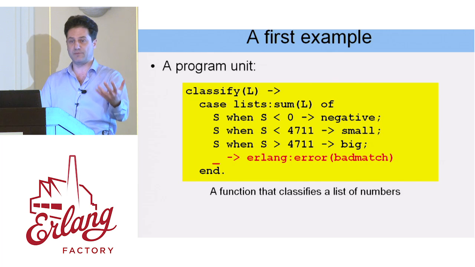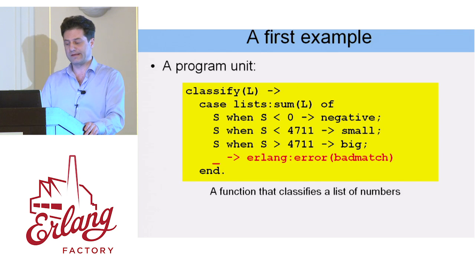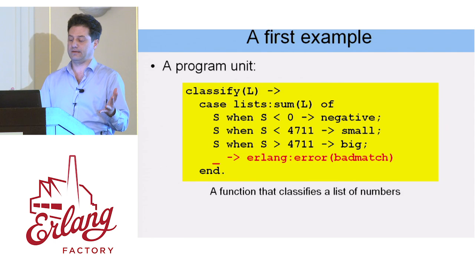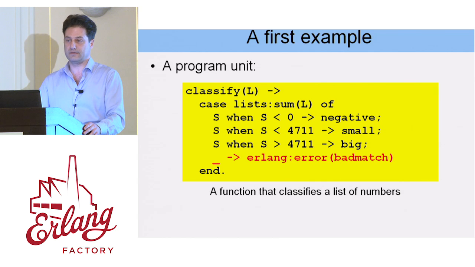You have to specify a property manually. And no matter how many tests you run, you have no guarantee that your function will never crash, that your program will not do anything wrong.